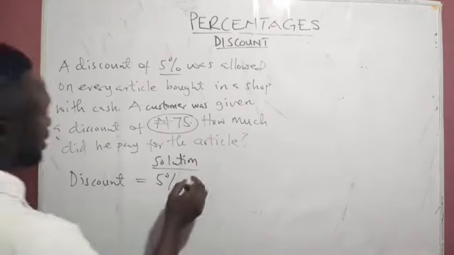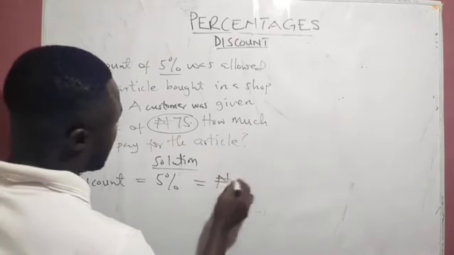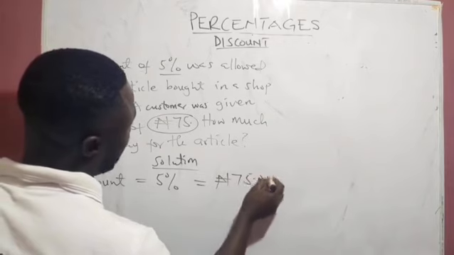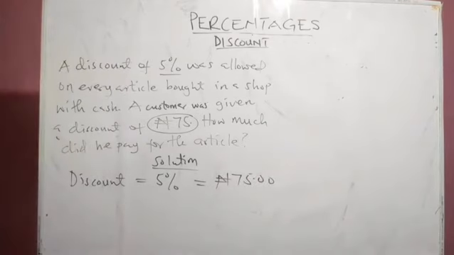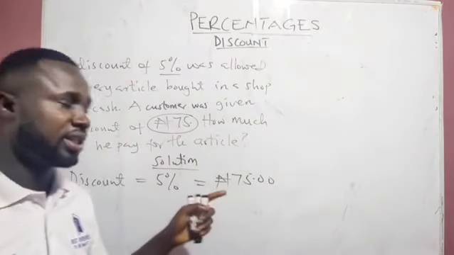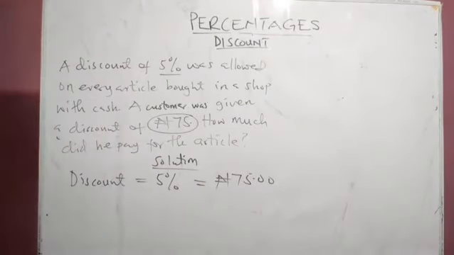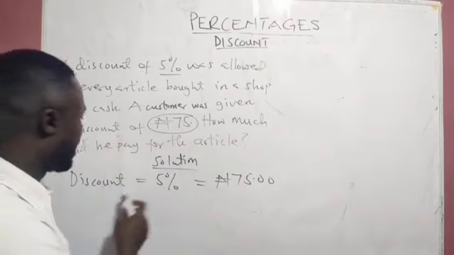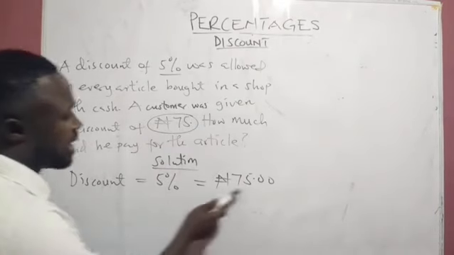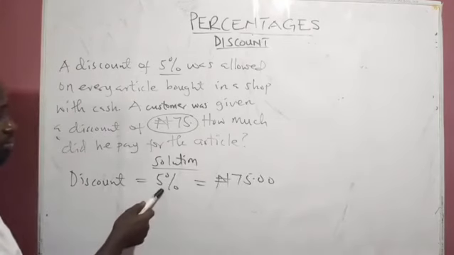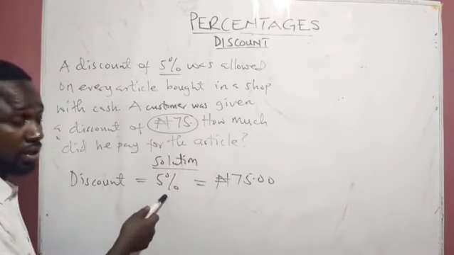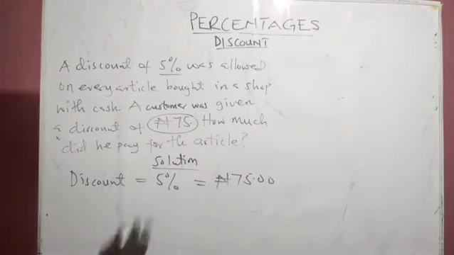It means that this particular 5% corresponds to the 75 naira, because that was the discount given. So the 75 naira is the 5% discount given.